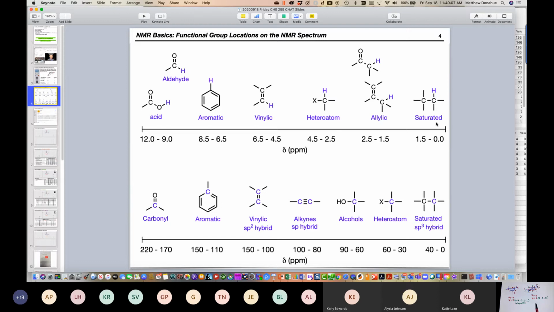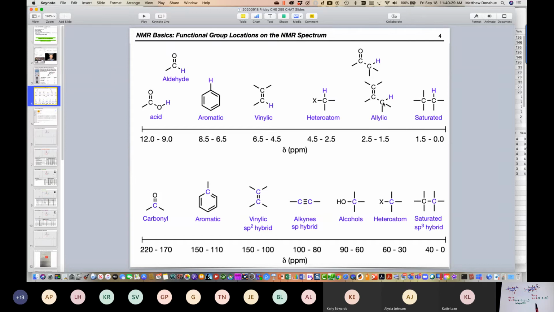So really what we're seeing on this spectrum is where different functional group hydrogens occur. What I mean by heteroatom is the carbon is bearing a heteroatom, and that shifts the proton. 4.5 to 6.5, this is called vinylic.